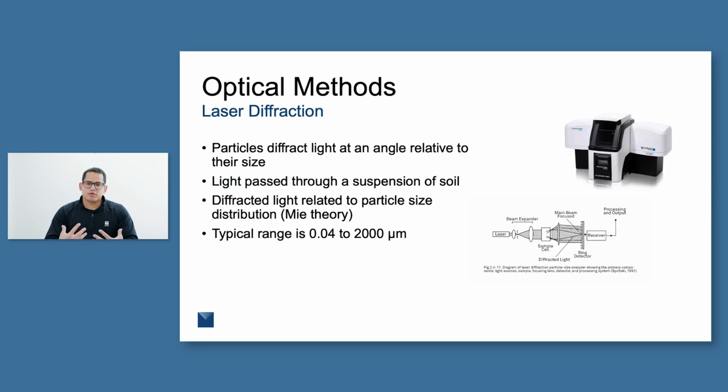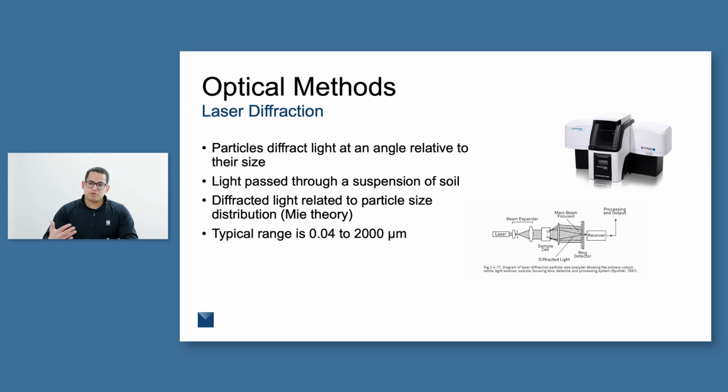The laser diffraction method is based on the fact that particles of different sizes diffract light at a different angle relative to that size. Light is passed through a suspension of soil, and again, we need to disperse and treat that soil just like we would for the sedimentation methods.